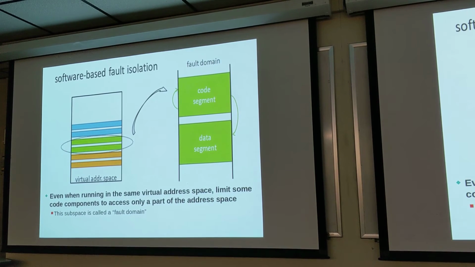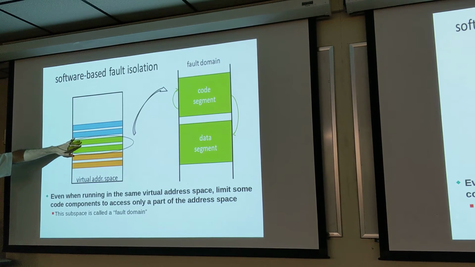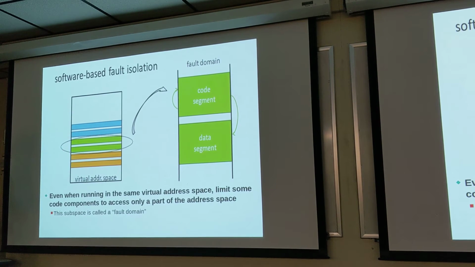If you fix the leading 8 bits, you are basically giving it 1 by 256 of the total address space, because you fix the first 8 bits, so you're letting it access any address with that particular byte as the leading byte of the address. The same way you can do that for the data, and this way you can limit the access. You want to limit it to this small region of memory.